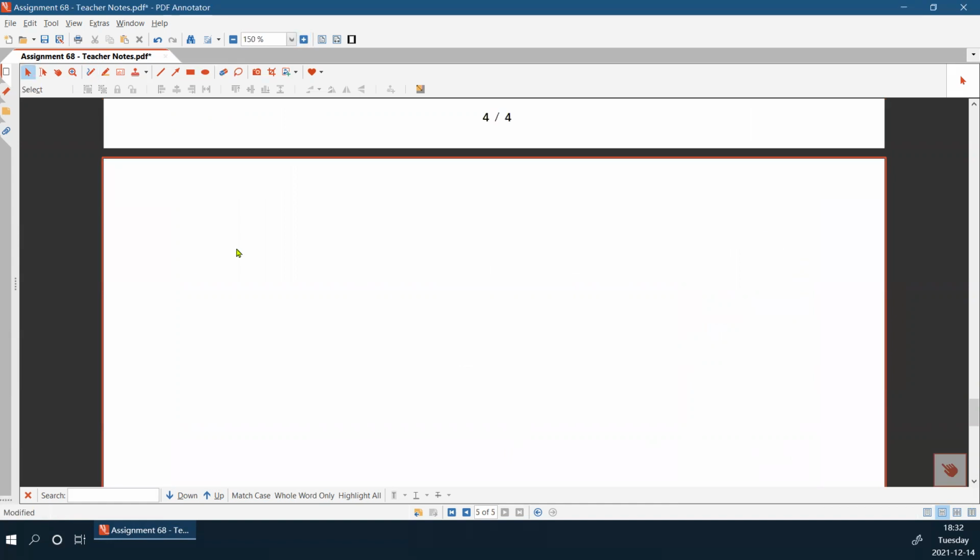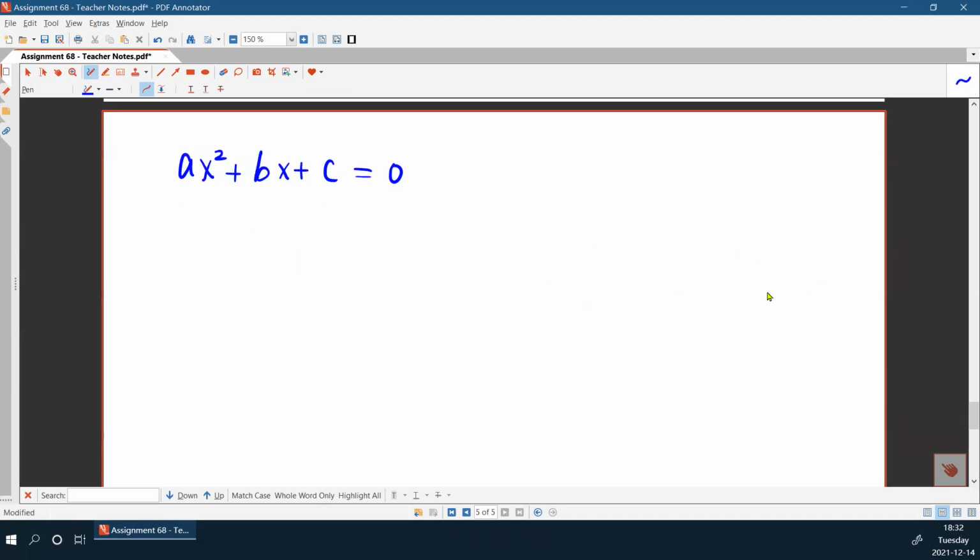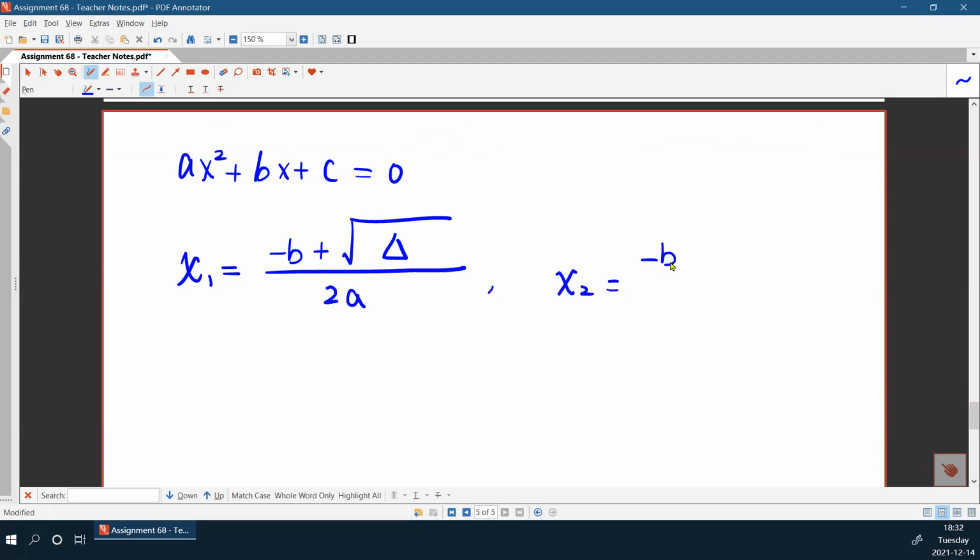Remember that the quadratic formula states that for a quadratic equation ax squared plus bx plus c equals 0, there are two solutions, right? The two solutions are given by the quadratic formula. x1 is minus b plus square root of delta over 2a, right? And the other solution is minus b minus square root of delta over 2a, right? Where delta, b squared minus 4ac, is called the discriminant.